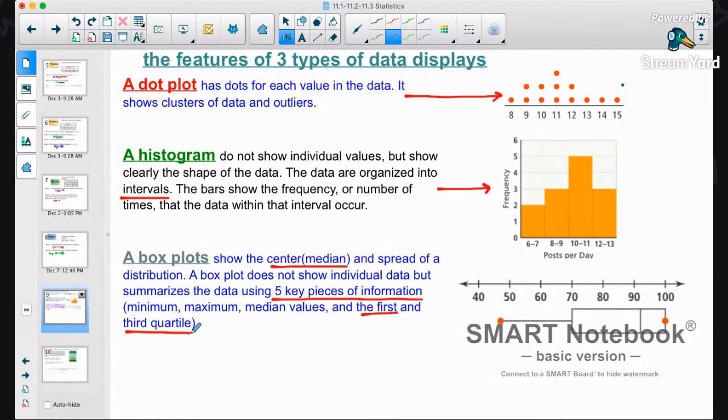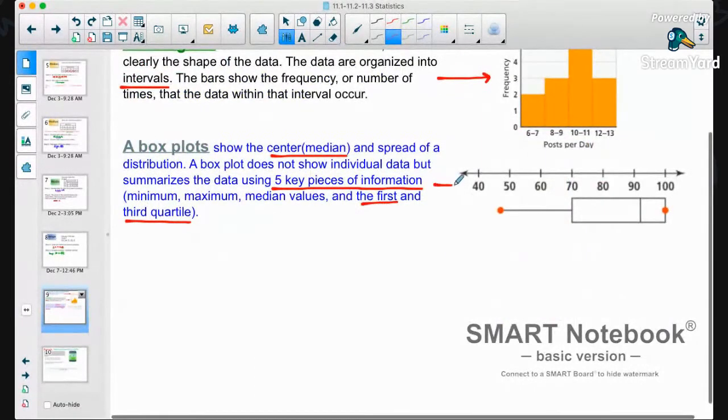Remember, in the beginning of statistics, I told you, ladies and gentlemen, there are some key vocabularies you need to get familiar with, and there was the interquartile range. So we can find the interquartile range by subtracting the first quartile from the third quartile, and we will learn this, and this is going to be displayed.